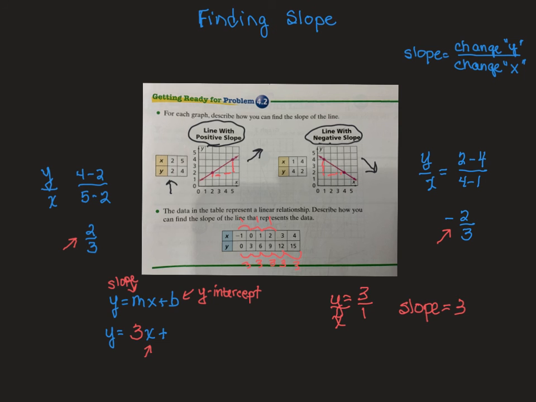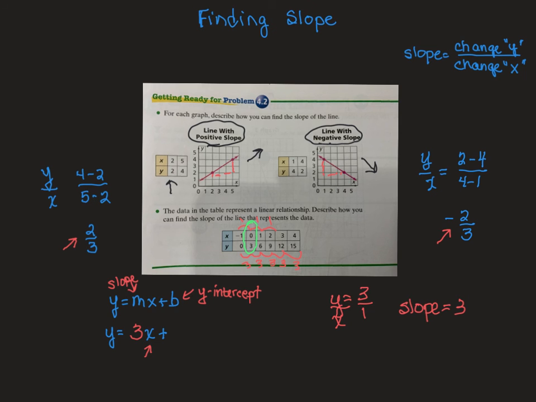Now, in this case, let's see if we have a y-intercept. The y-intercept is going to be the y value when x is 0. X doesn't go anywhere, it's 0. The point goes up or down on the y-axis. So in this case, that would be right here.